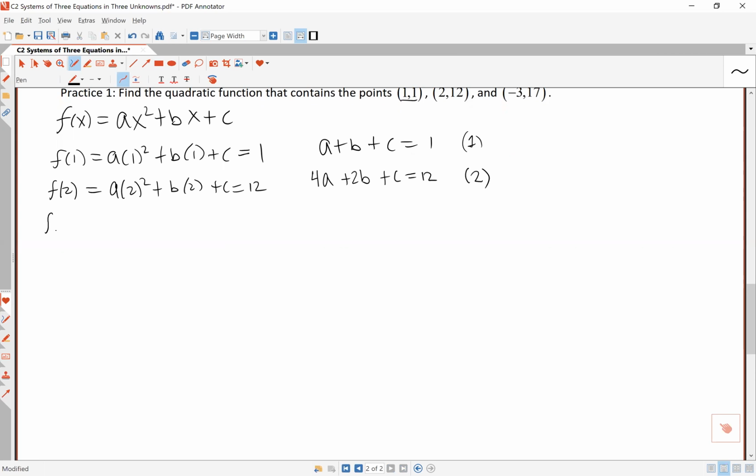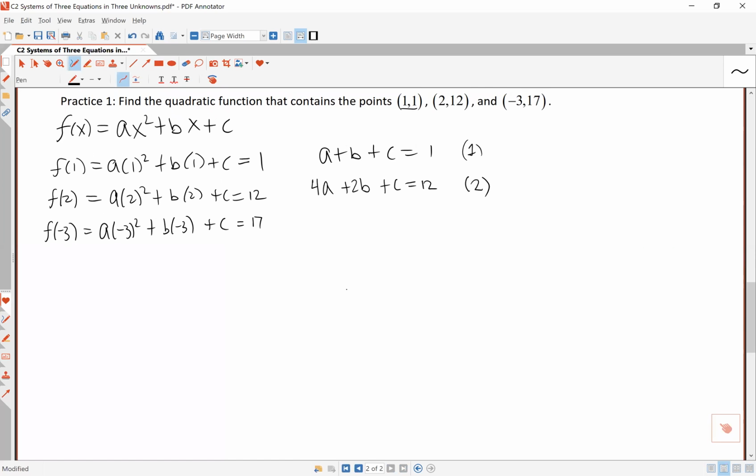Equation 3, f of -3 is a times -3 squared plus b times -3 plus c equals 17. -3 squared is 9, so 9a minus 3b plus c equals 17. And that's equation 3.